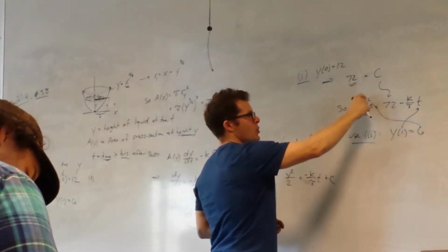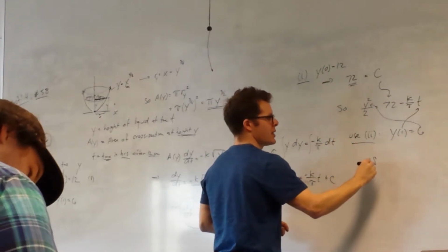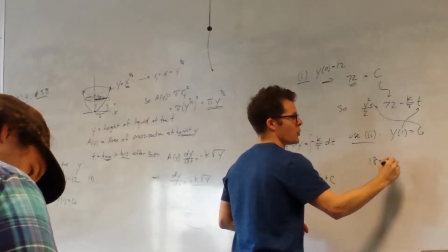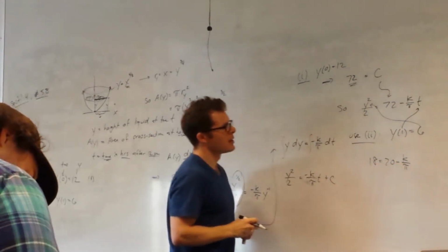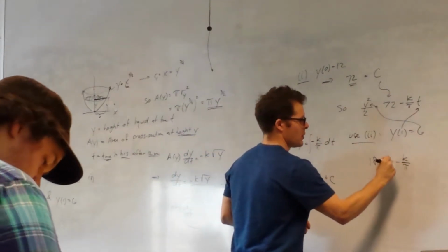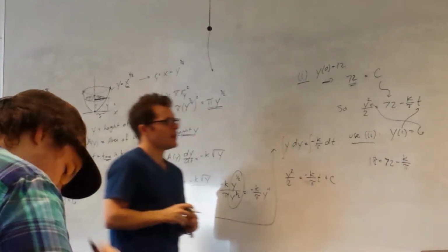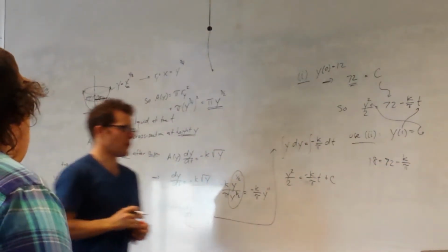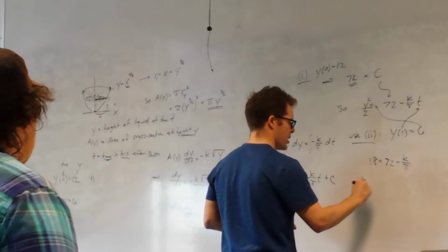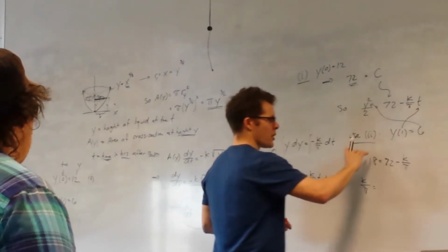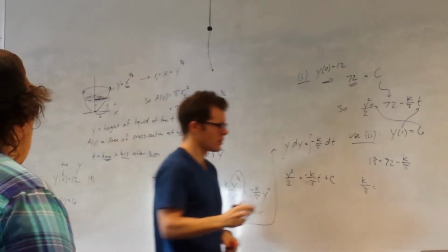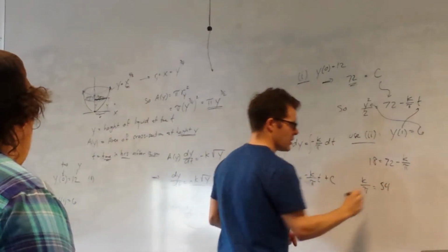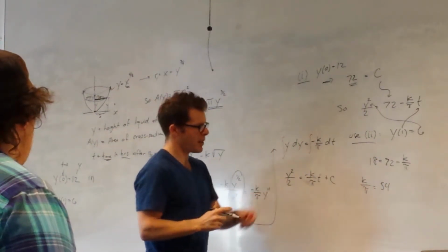So I'm going to have 6 squared, 36 over 2, 18, equals 72 minus k over pi. And then we can solve that for k. We'll have k over pi, move that over there, it's 72 minus 18, what's that? 54? Okay, multiply both sides by pi.